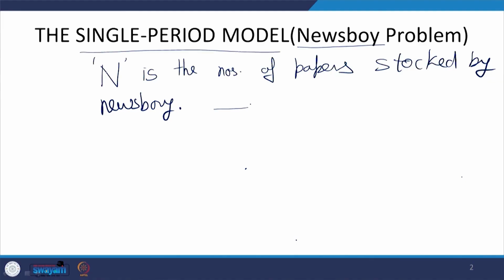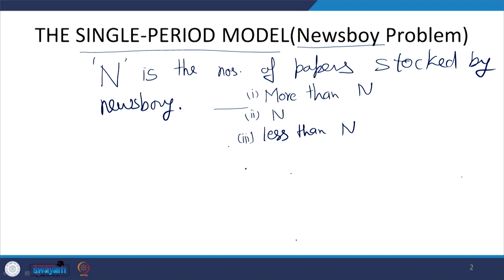On that particular day, when this boy is stocking n items, demand can be more than n, equal to n, or less than n.